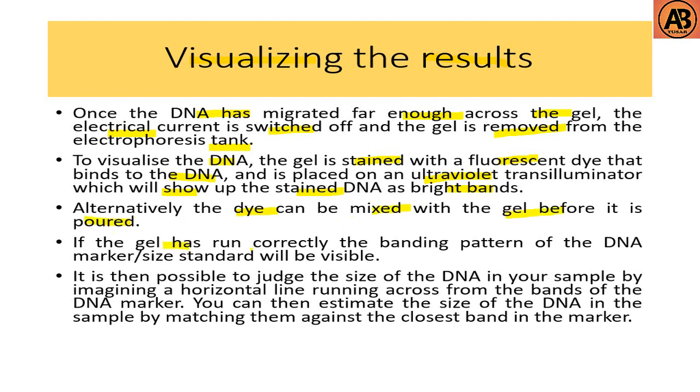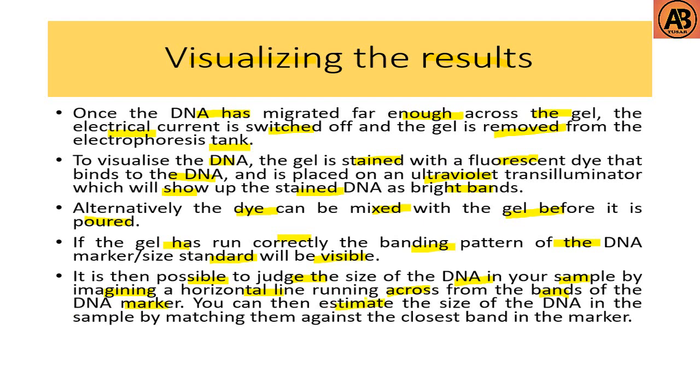If the gel has run correctly, the banding pattern of the DNA marker standard will be visible. It is then possible to judge the size of the DNA in your sample by imagining a horizontal line running across from the bands of the DNA marker.